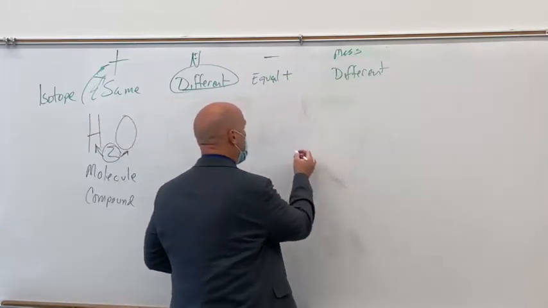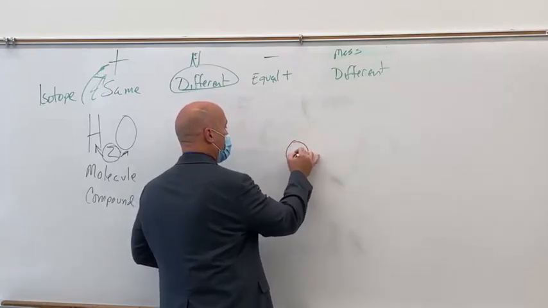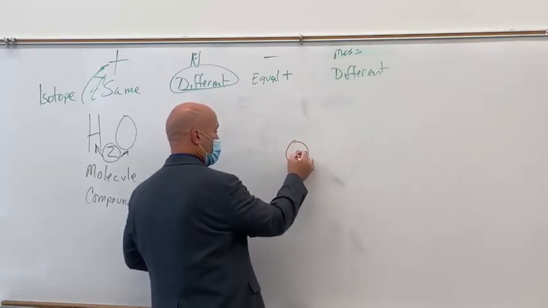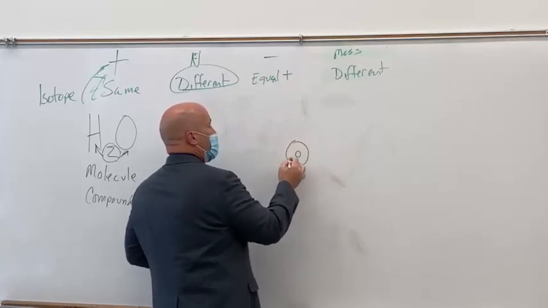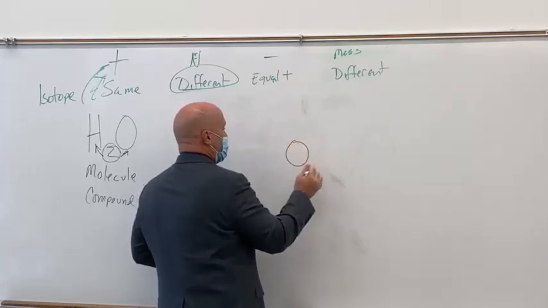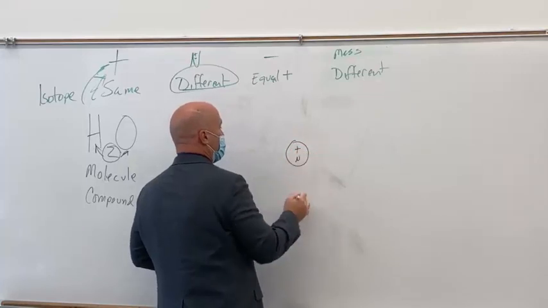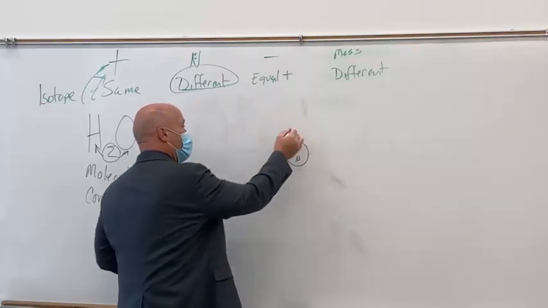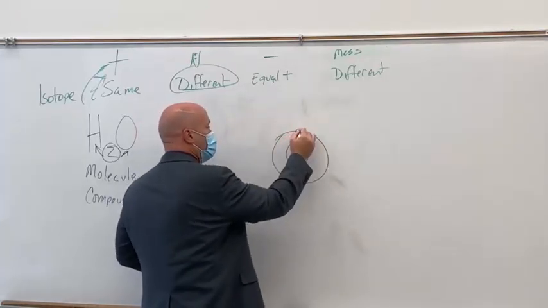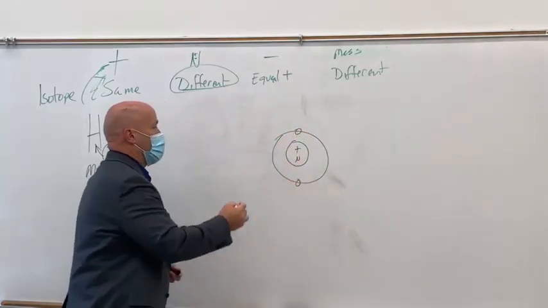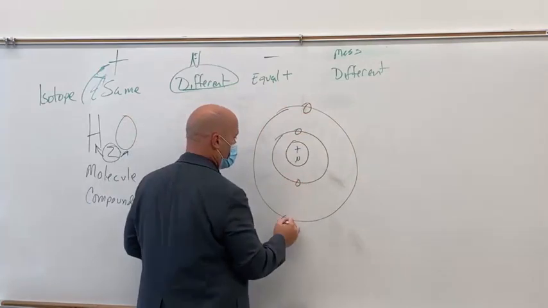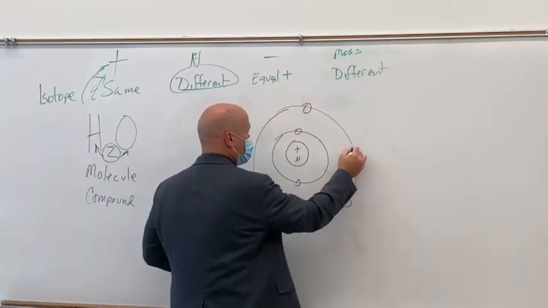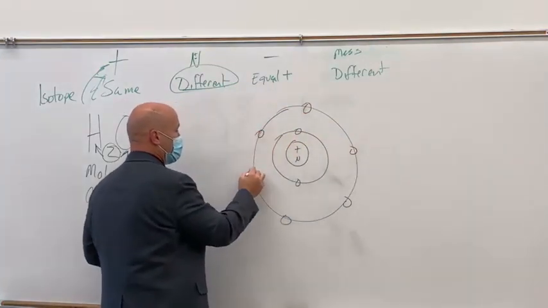But if you took oxygen, that's an O, that's not a nucleus, that's an O. So you've got the nucleus here. We'll say positive and neutral. In the innermost shell, you're going to have 2, and in the next shell, you're going to have 1, 2, 3, 4, 5, 6.